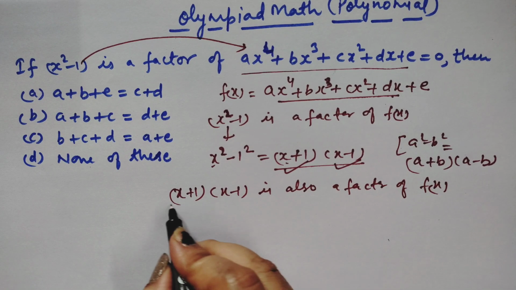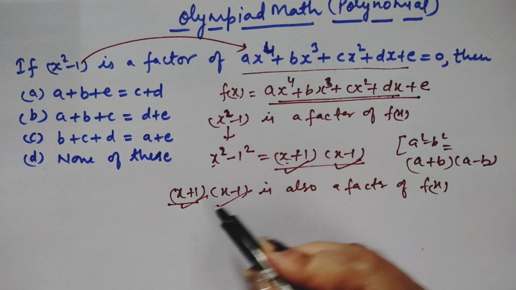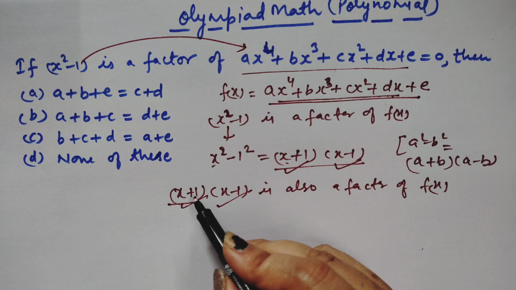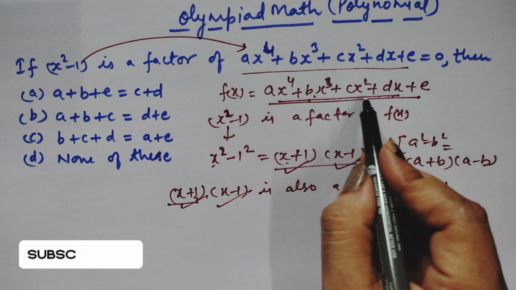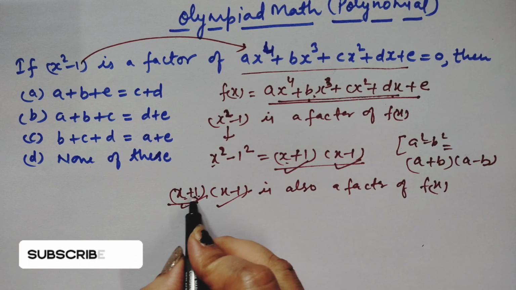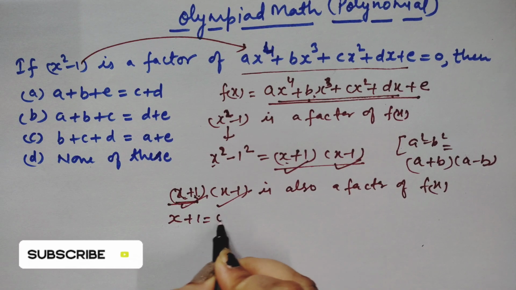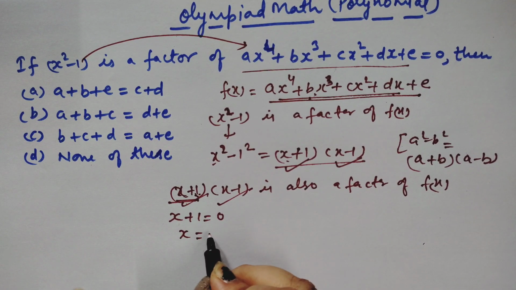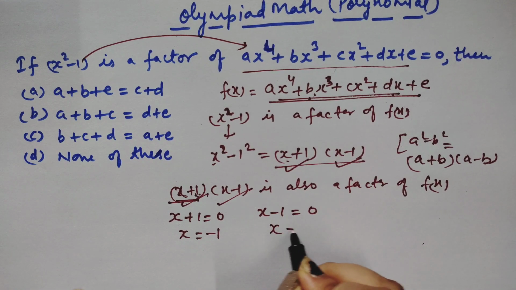f(x). So if these are two factors of this given polynomial, it means its zero should satisfy this f(x), this polynomial. First of all we will find the zeros, meaning the x value. For x plus 1, the zero is minus 1, and for x minus 1, the x value is 1.